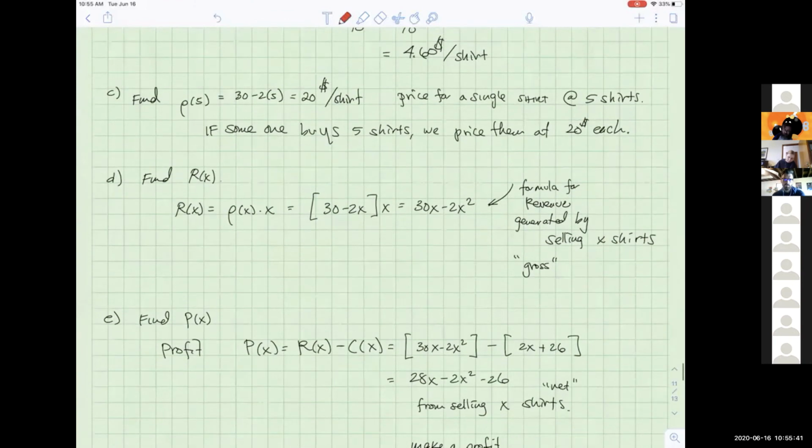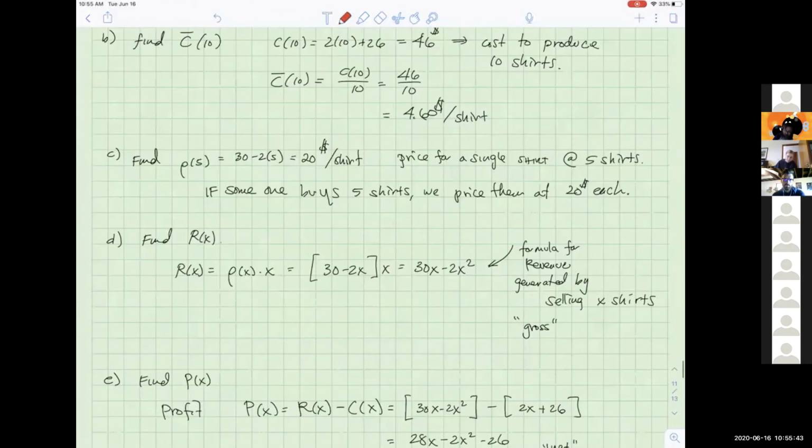Remember our price function? Our price function was a little bit weird. We're going to start out at $30 a shirt, but for every extra shirt you buy, I'm going to take $2 off. And we saw that when you bought 5 shirts, we were selling them for $20 a piece. But when you buy 13 shirts, you're only going to end up selling them for 30 minus 26, which is $4 each.